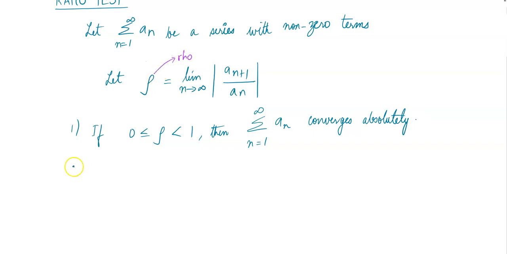Second condition, if rho is greater than 1 or if rho is equal to infinity, then summation a_n diverges.